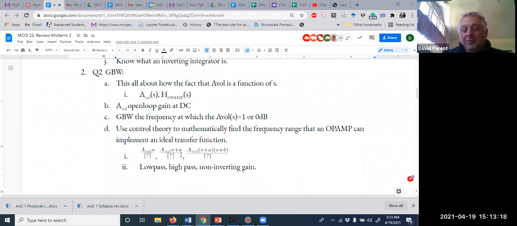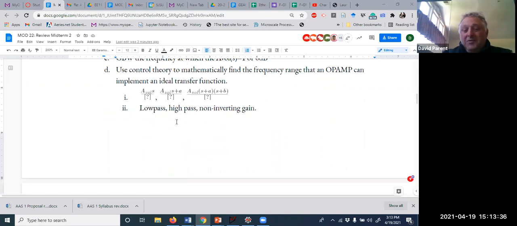I must have programmed this wrong. So anyway, there are several questions. Using control theory, that means you have an op amp transfer function. Mathematically find the frequency range where that will work, and what would you get? Low pass, high pass, non-inverting gains, things like that.